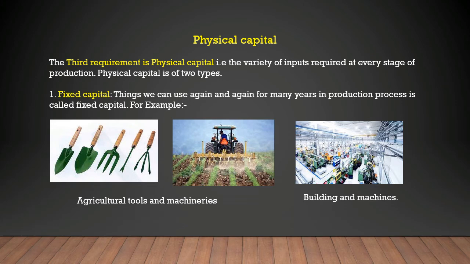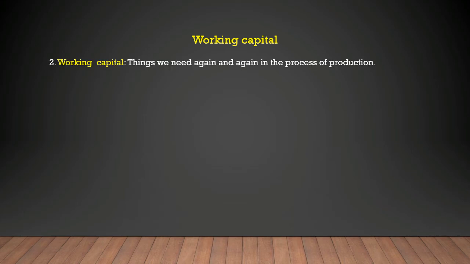After that we come to working capital. These are the things we need again and again in the process of production. Working capital is also called investment in current assets. Current assets are basically things which we require at the present time to produce a good or a service.